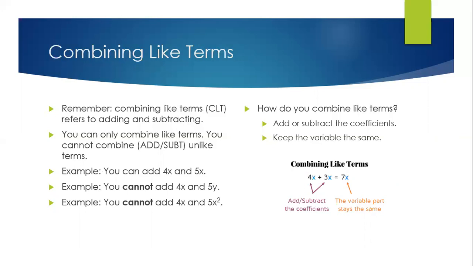I can't add those either because one is an x and one is an x squared. But let's say that I have two things I can add together. How do I do it? The way I combine terms is I add or subtract the coefficients. I keep the variable the same. So notice I have a 4 plus 3 gives me a 7, x, not x squared.